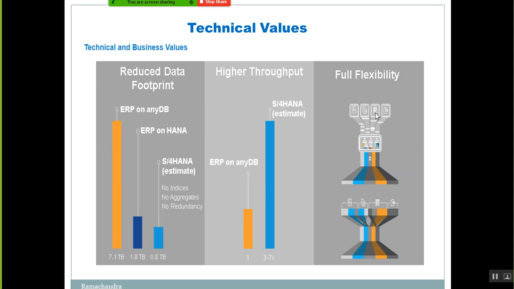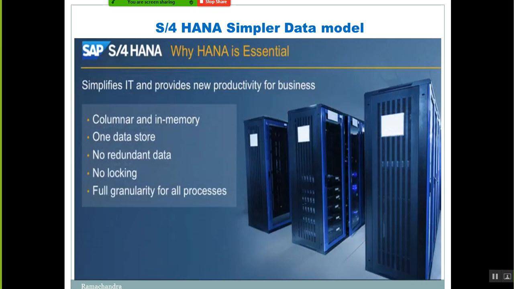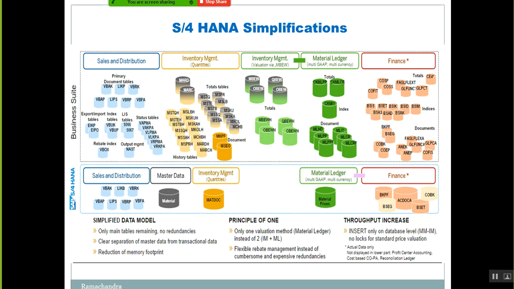Now the SAP S4 HANA system has more flexibility to adapt to, or integrate with, these new technologies and use them as per your requirement in the business organization, right?